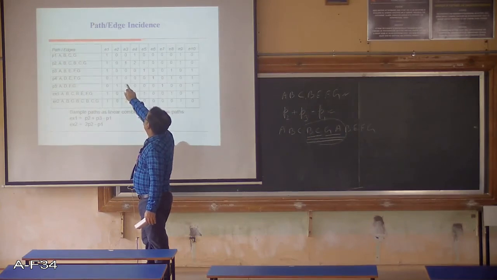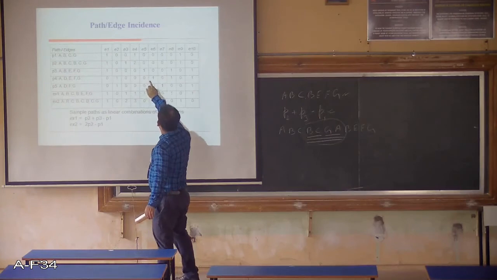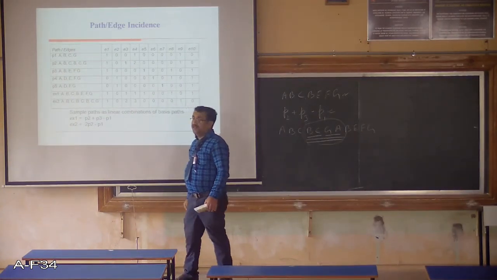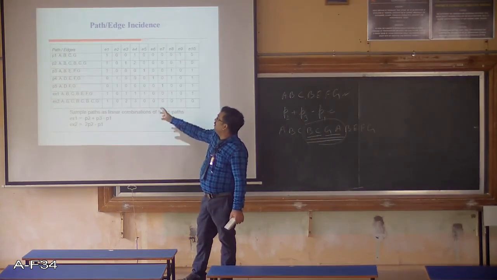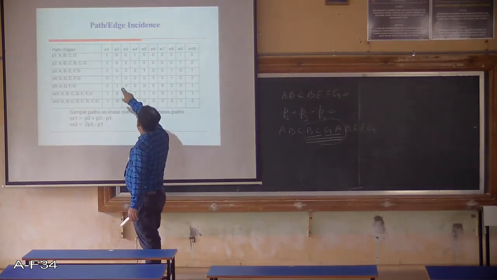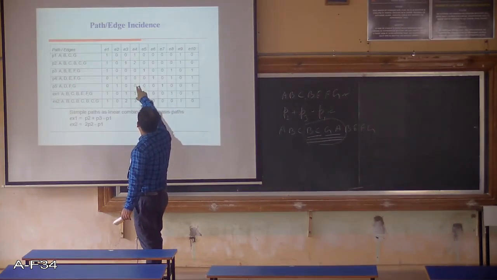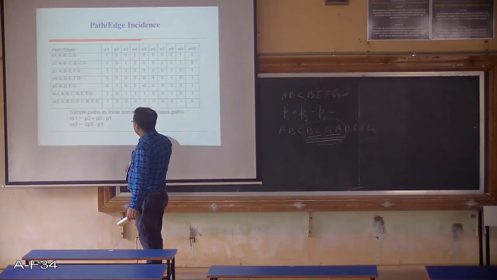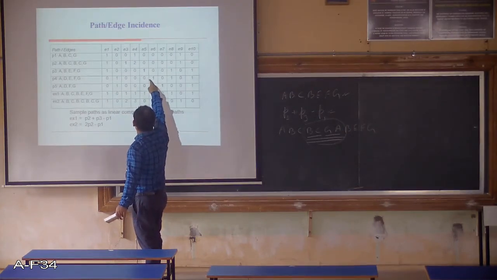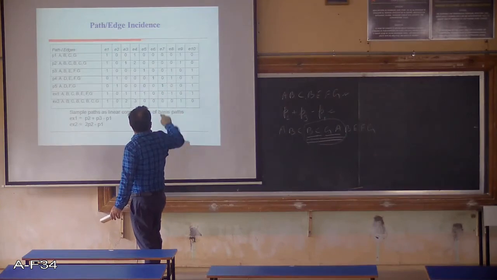Now for the ABCZ you traverse through E1, E4 and E9, right, to get the sink node G from the source node A. Similarly, for the basis path P2, you traverse through E1 once, E3 once, E4 twice, and E9 once to get the sink node G from the source node A. Similarly, for the path P3, you traverse E1 once, E5 once, E8 once, and E10 once.